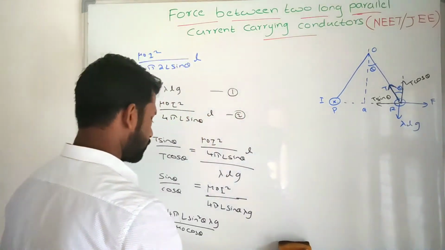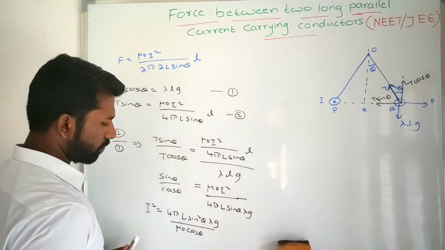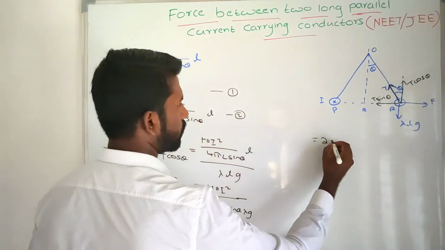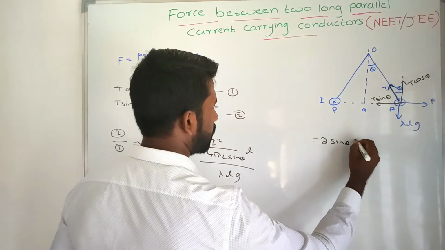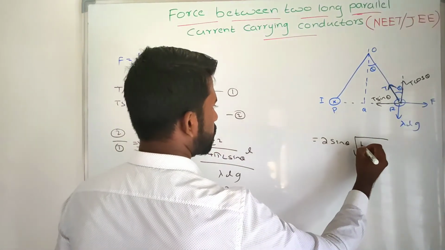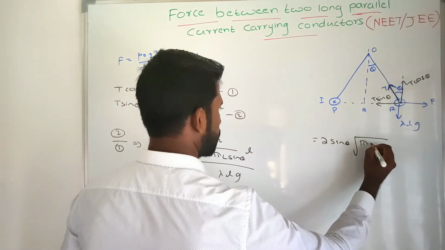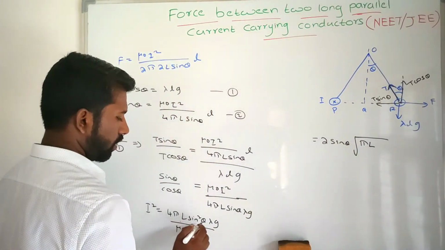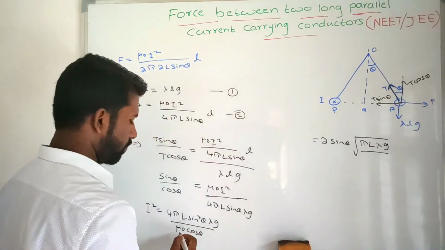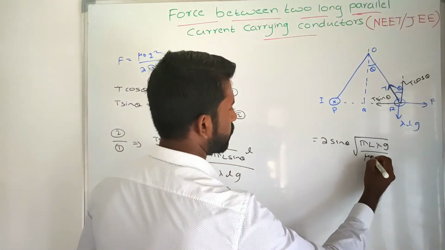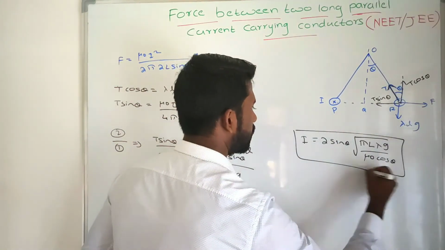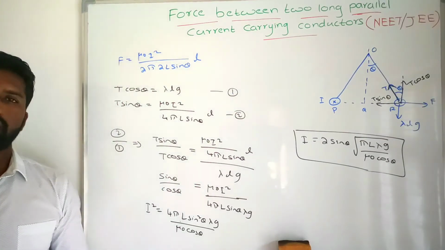If you take the square root, the square root of 4 is 2, and the square root of sin square theta is sin theta. So I is equal to 2 sin theta square root of pi L lambda G divided by mu 0 cos theta. This is the current through the current carrying conductor.